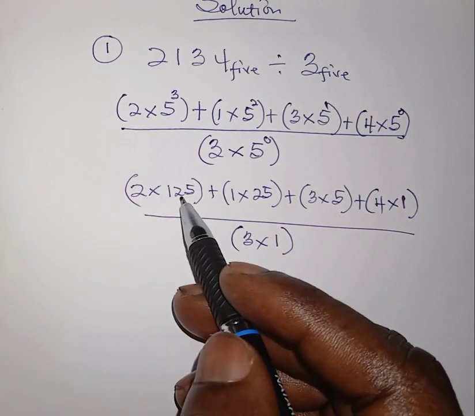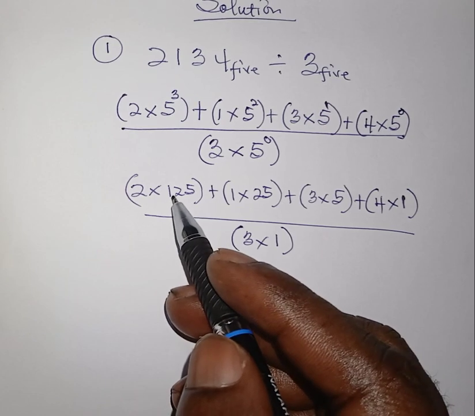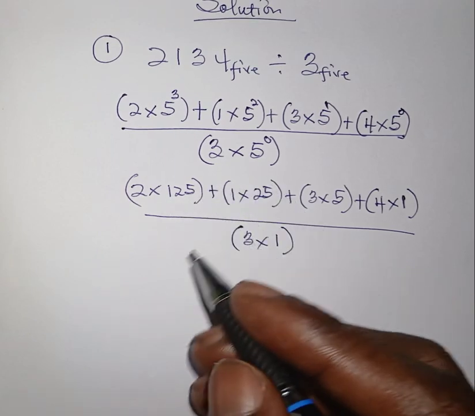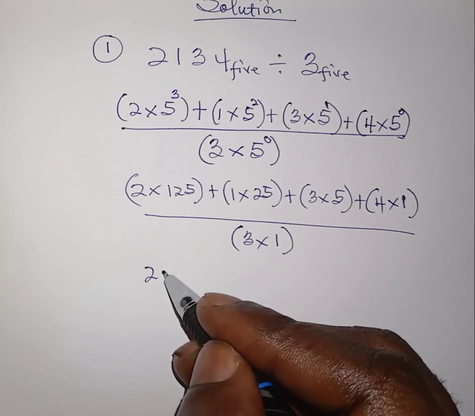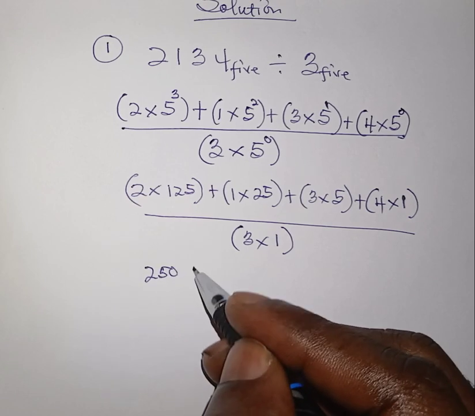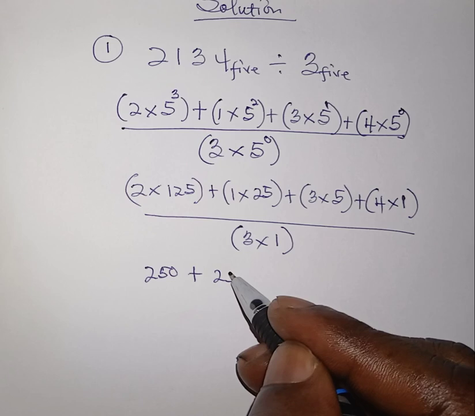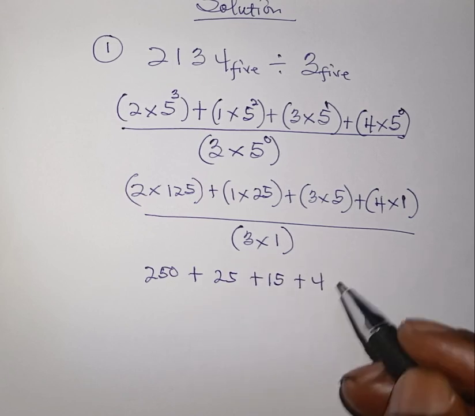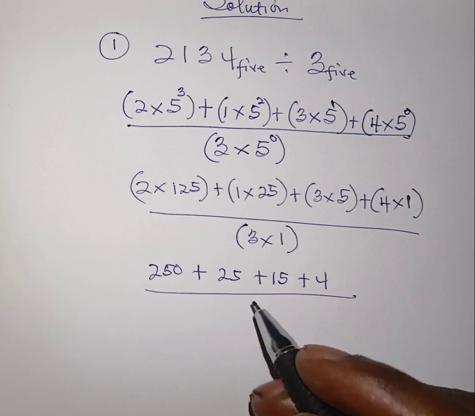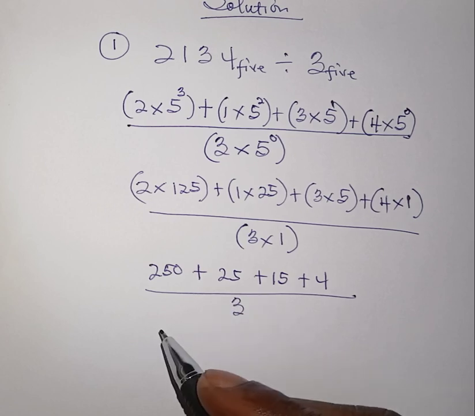Now let's continue. 2 times 125 gives us 250, plus 25, plus 15, plus 4, all divided by 3.